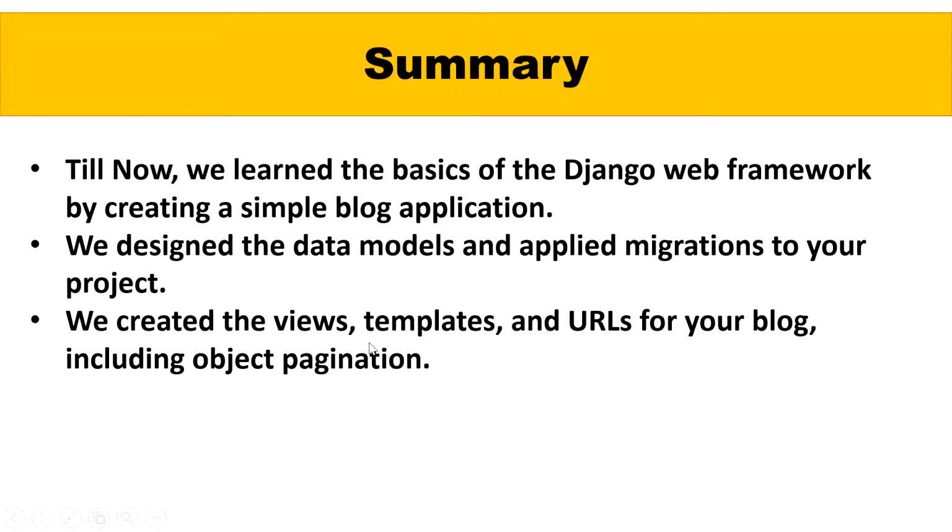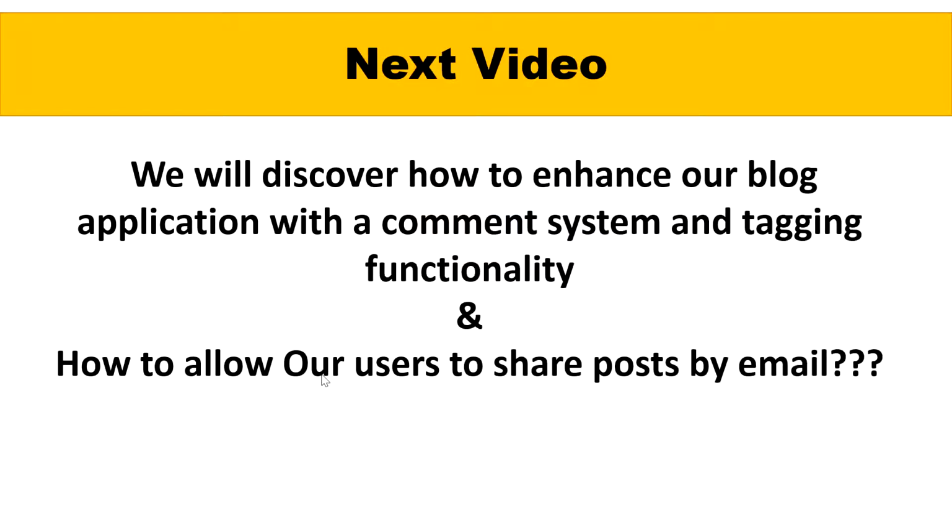We created the views, templates, and URLs for our blog, including object pagination. In the next video, I'll show how to enhance our blog application with a comment system and tagging functionality. And we will also see how to allow our users to share posts by email.